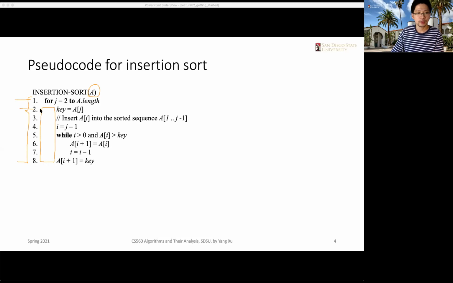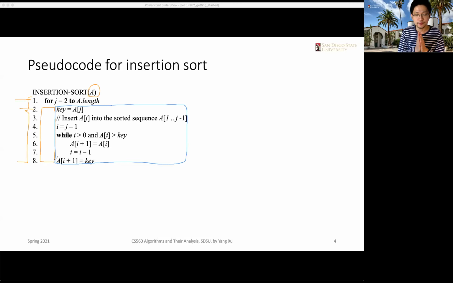The indentation from line 2 to line 8 indicates that this body of code from line 2 to line 8 is within the scope of the for loop.